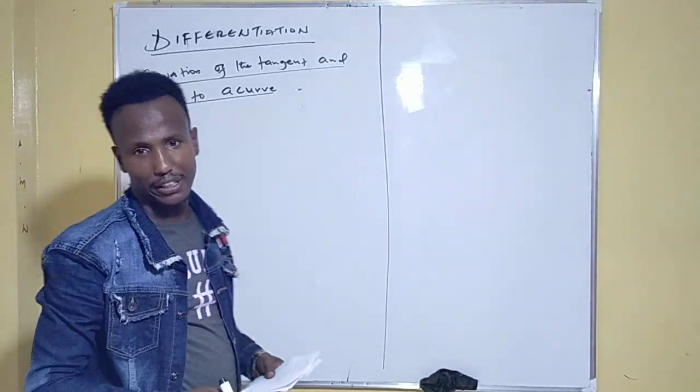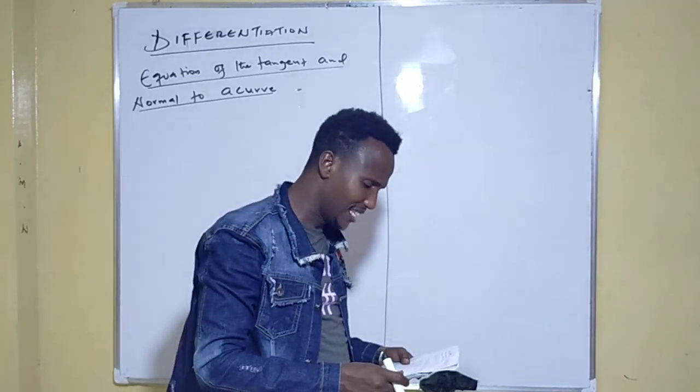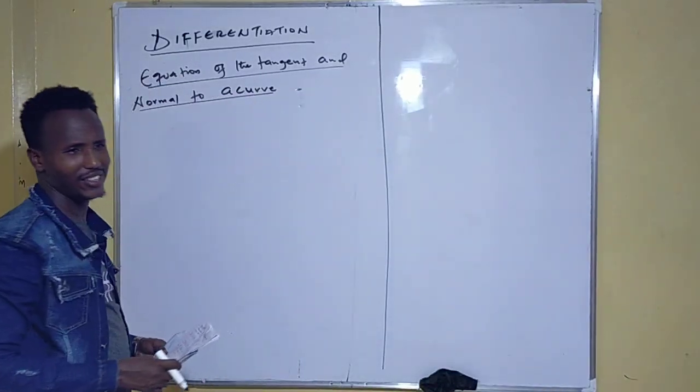The gradient of a curve at a point is equal to the gradient of the tangent to the curve at that point. This one is very important.